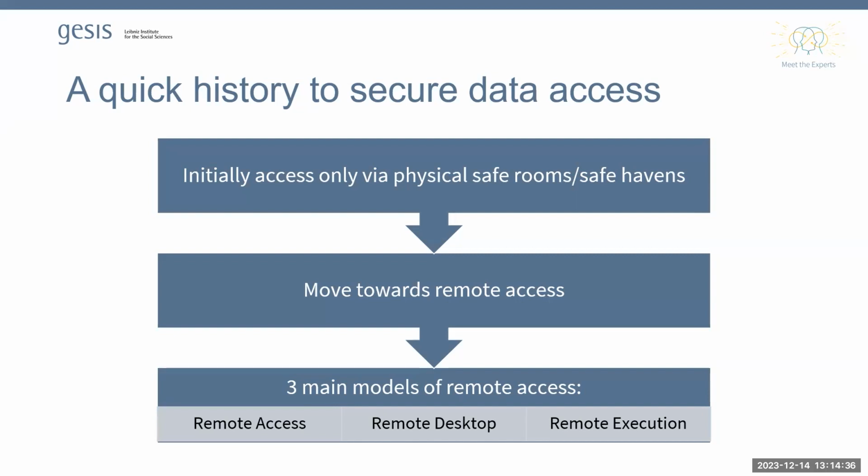I'm going to talk about remote access and remote desktop because that's more relevant to the work that we do at GESIS. So I'm not going to talk about remote execution, but I do know about it. So if anybody particularly has questions about that, please do feel free to ask at the Q&A at the end.